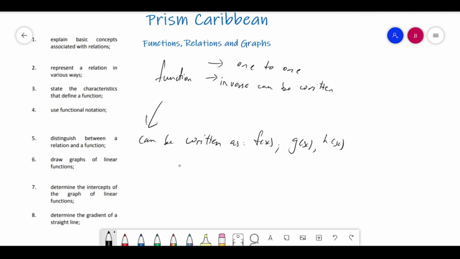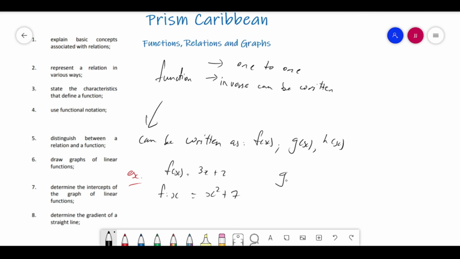And how it will be written, it can be written as f of x is equal to, example, just fix that, right? F of x is equal to 3x plus 2. We can even write it as f of x is equal to x squared plus 7.